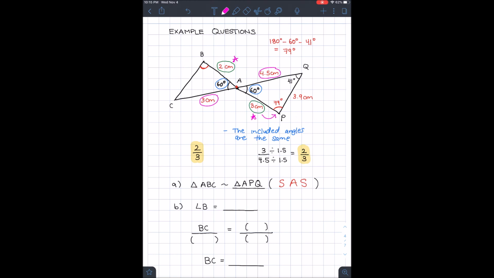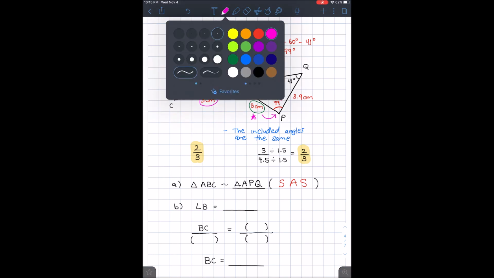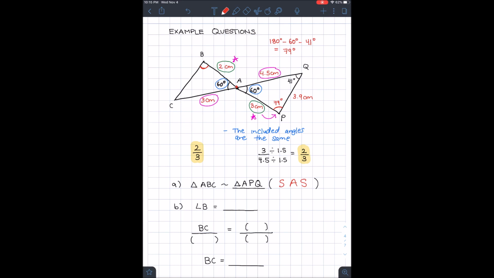So, on the other triangle, that angle, angle B, must also be 79 degrees. Therefore, the other angle will be 41 degrees. So to answer the question, we can write that angle B is 79 degrees.